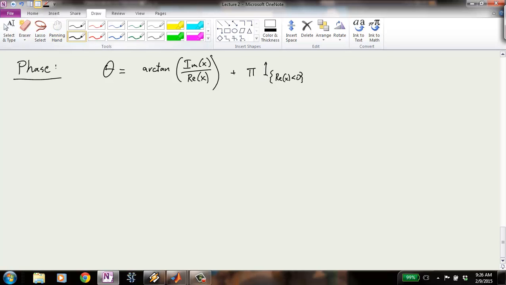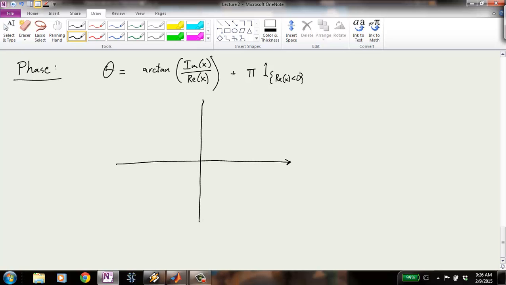We'll see very easily why this is true. Notice that two numbers, if we're trying to find the phase of a particular number, right? It has a real part here. This is the real part of x. And this is the imaginary part of x.